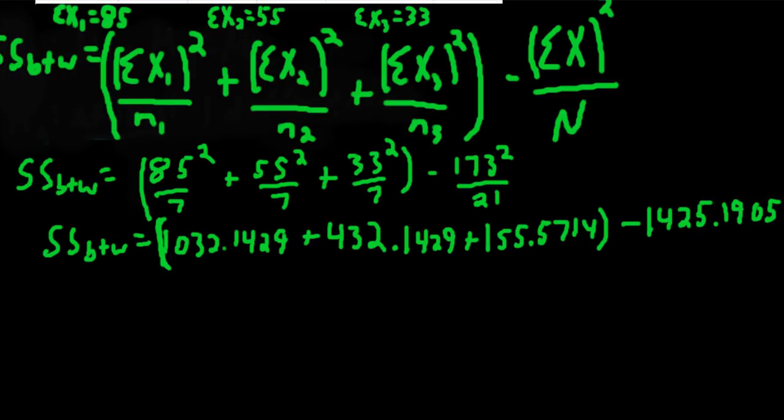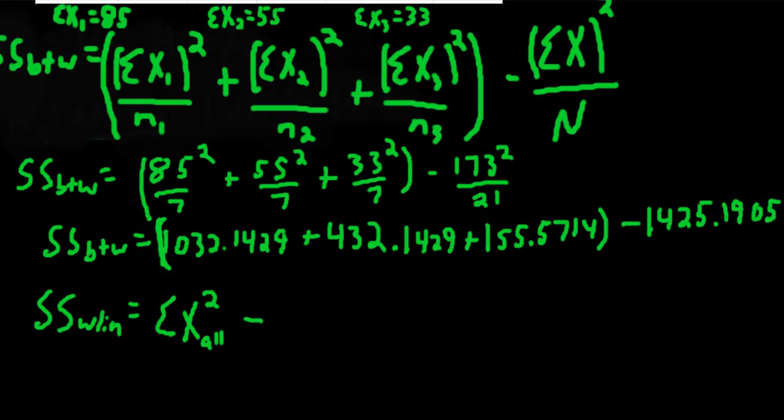So now we can get our sum of squares within. Sum of squares within is taking the sum of all the squared scores. So this is a bit of a pain because we have to square up all the scores and add them together.